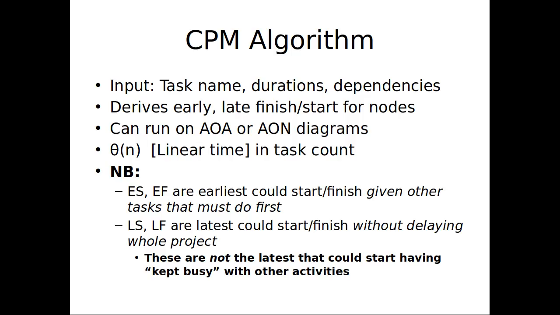And the CPM algorithm is going to be a simple algorithm, O of n, in fact theta of n, runs in time proportional to the number of nodes, which basically derives early and late finish and start times. So early start, early finish, late start, late finish times for the nodes.